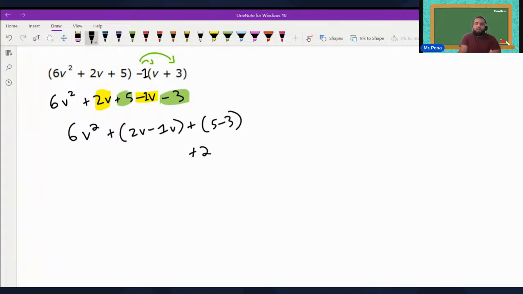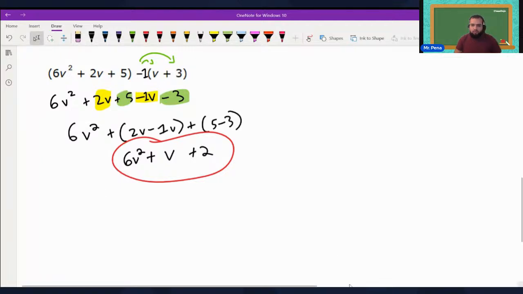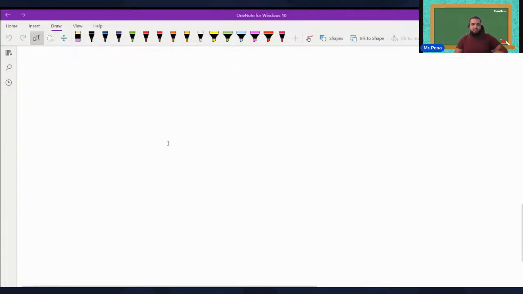So that becomes positive 2. This becomes v. This becomes 6v squared. There you go. That's the final answer: 6v squared plus v plus 2. And that's what the system is giving me. So we're good. Always double check, especially when doing homework.